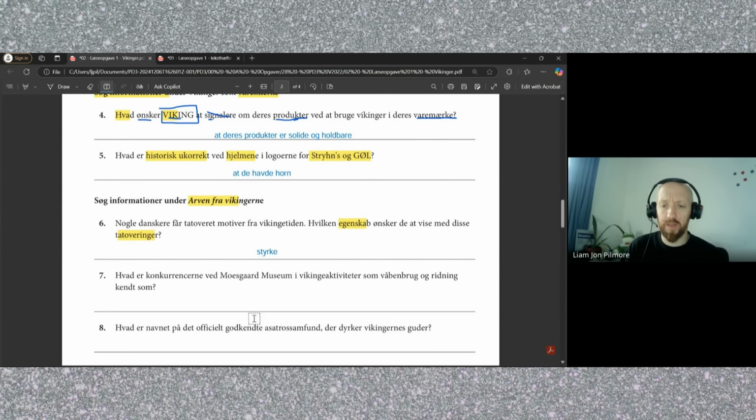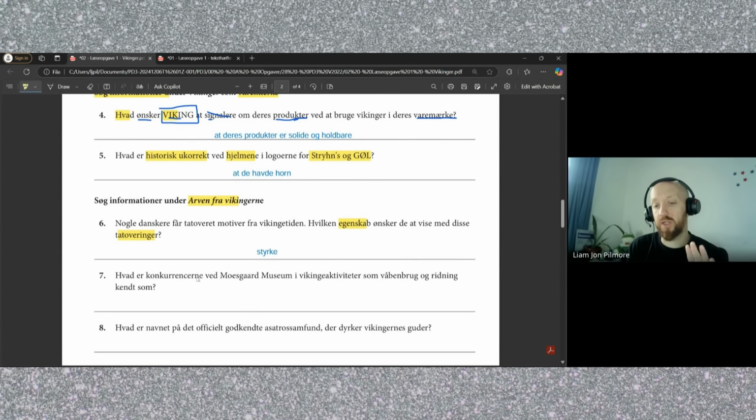Hvad er konkurrencerne ved Mosegaard Museum i vikingeaktiviteter som våbenbrug og redning kendt som what? Again. Hvad er konkurrencerne ved Mosegaard Museum i vikingeaktiviteter som våbenbrug og redning kendt som? That was a tricky question because it's kind of like back to front. You have to sort of figure out what they're talking about. So keywords, konkurrencerne, there's some kind of competition.